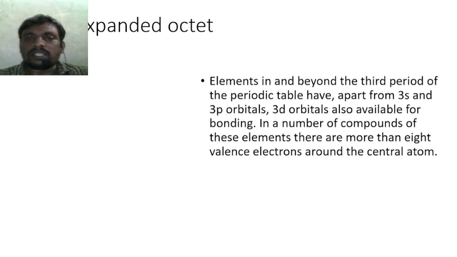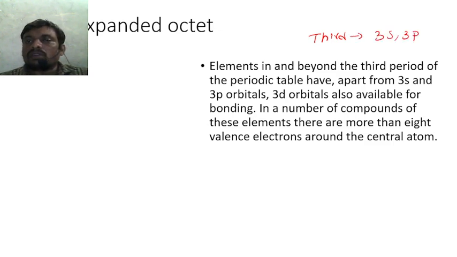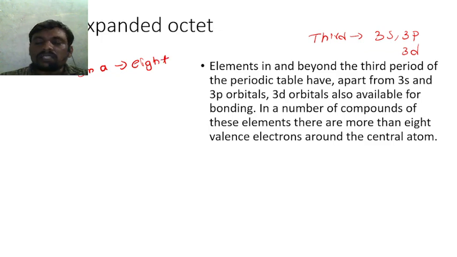The third is the expanded octet. What is that? For elements in and beyond the third period of the periodic table, apart from the 3s and 3p orbitals, 3d orbitals are also available for bonding. In a number of compounds of these elements, there are more than 8 valence electrons around the central atom.